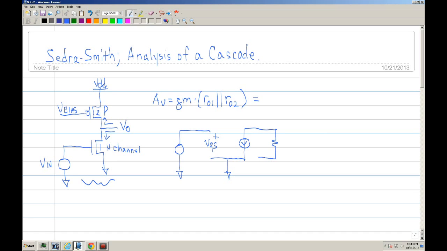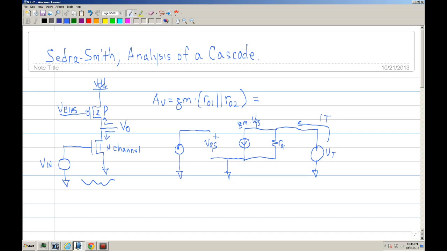And this is the output impedance, r1. And this would be gm vgs. And we put a voltage source or a test source, and that will develop an iT.